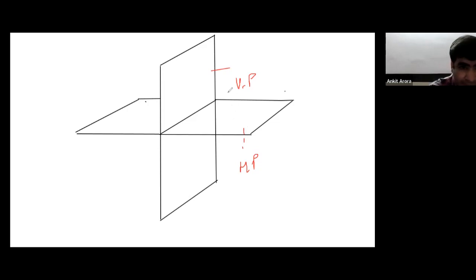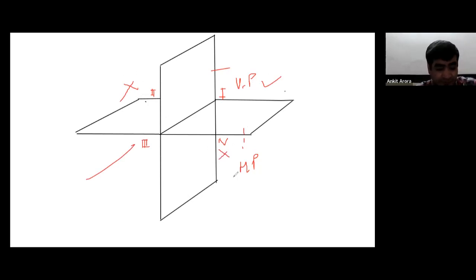So this is your first quadrant, this is your second quadrant, this is your third quadrant, and this is your fourth quadrant, right? Mostly in our drawing work, engineers and architects use the first and third angle projection methods. Since we have been told that these are the negative quadrants, we mostly don't use them, but there are logical reasons behind that.